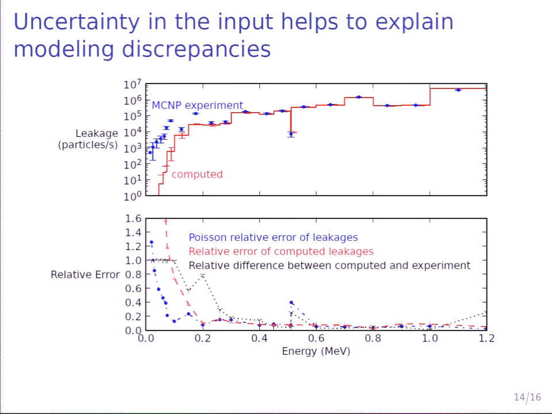And the idea is that we have error bars on both the computed and the experimental values. We'd like to have those error bars overlap. Obviously, that's what we would like. The bottom shows a plot of the relative error bars on the calculations, the experiment, and then the difference between the calculation and the experiment.